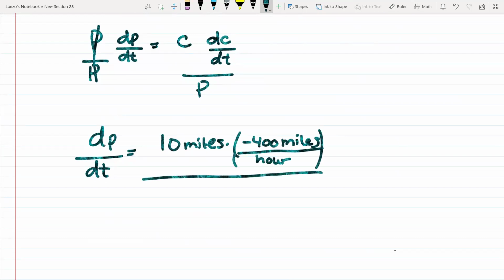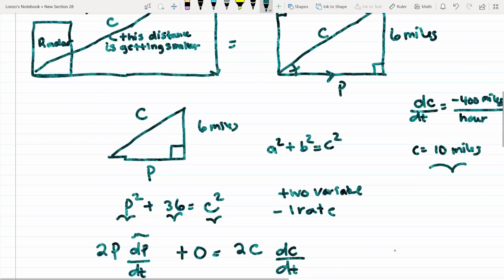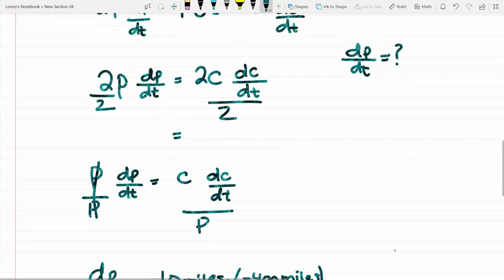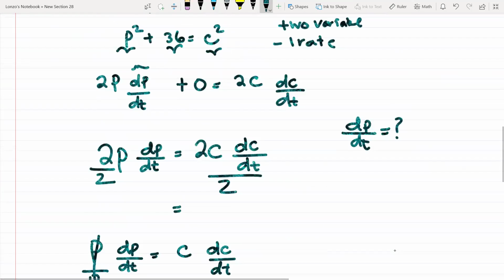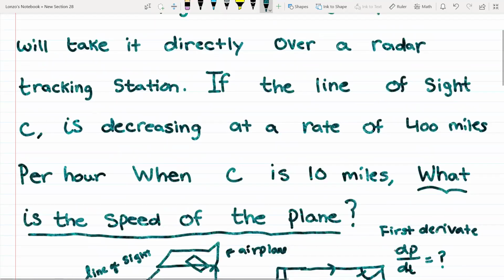Divided by the p-value, which is my p-value, actually, what is our p-value? Do we even have a p-value?